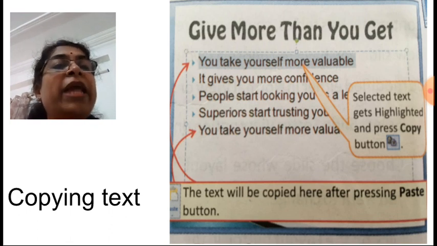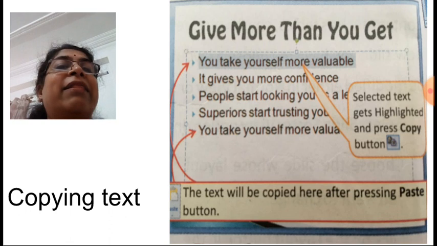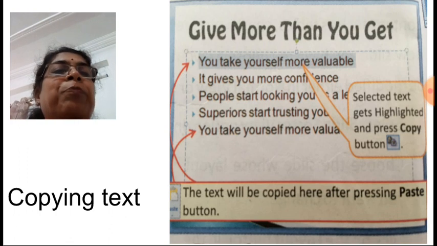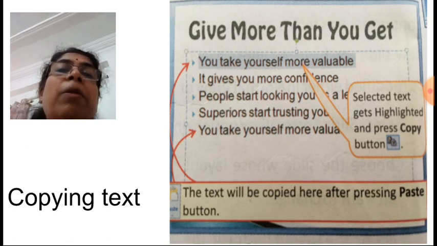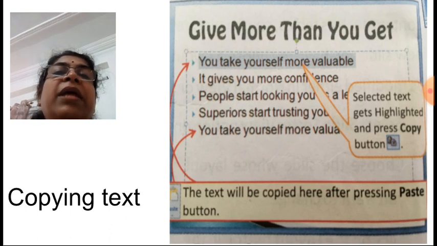Then you have to place the cursor wherever you want to put it, the new location, and there click on the paste option. See, at the bottom also we have pasted, so it appears on the last point also, because we have done the copy command. Got the difference between copy and paste and cut and paste?